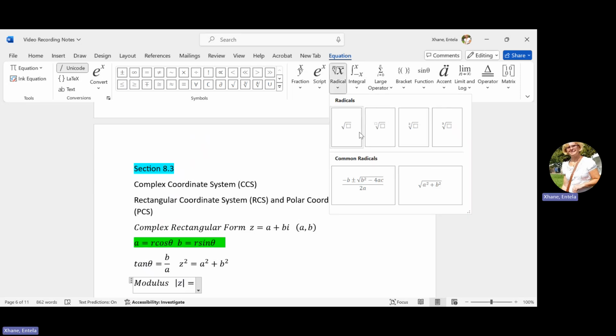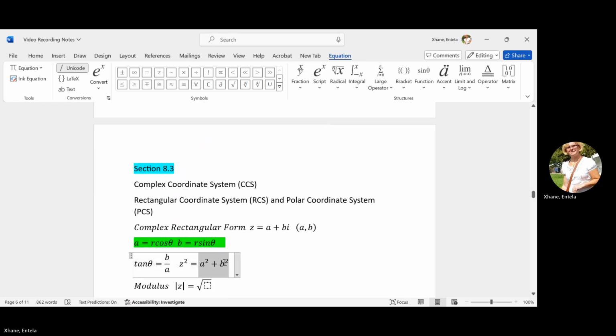And this is the square root of A squared plus B squared. So the modulus is the absolute value of Z.